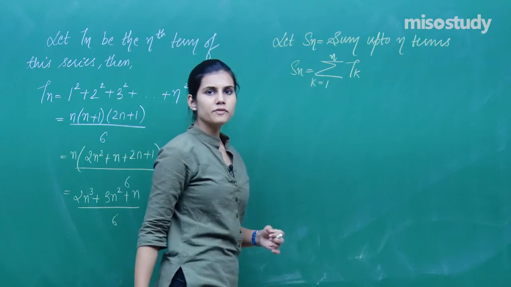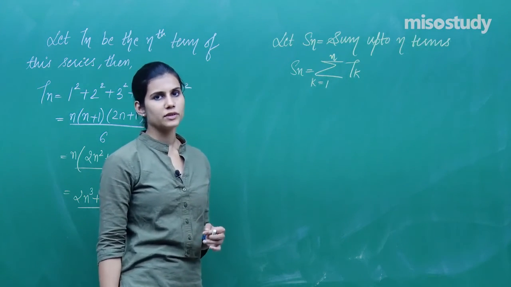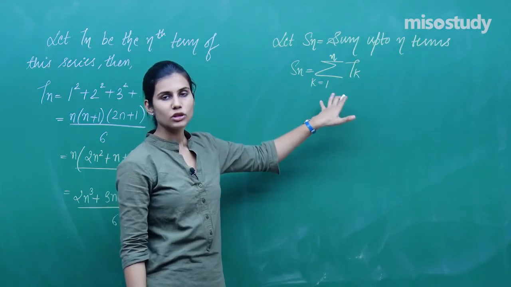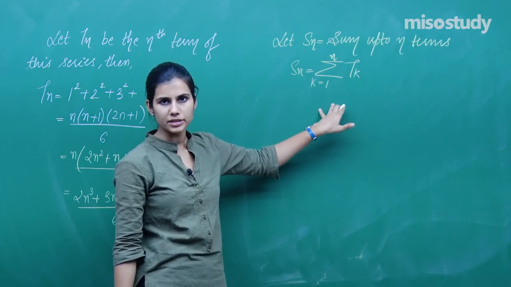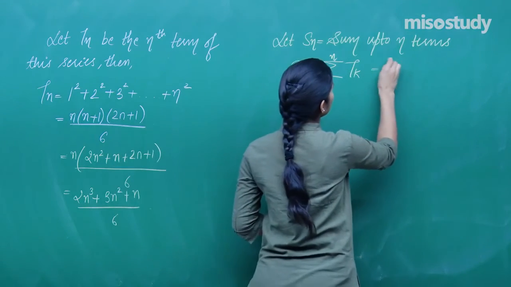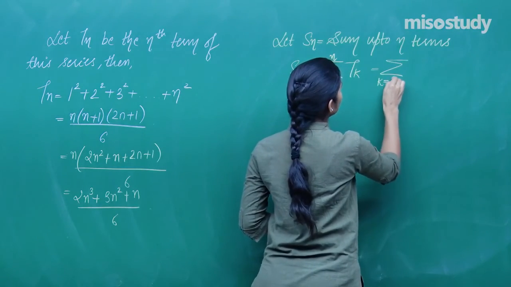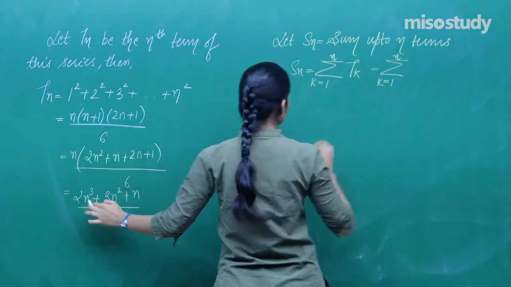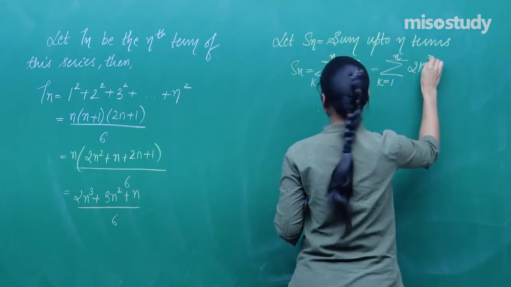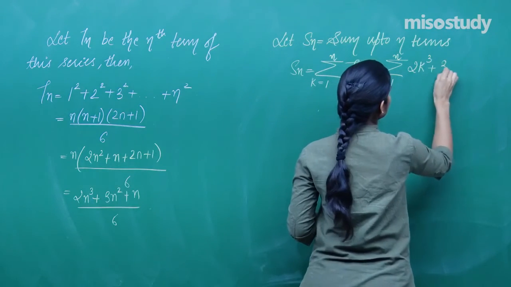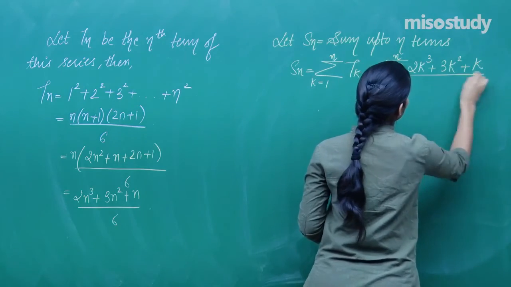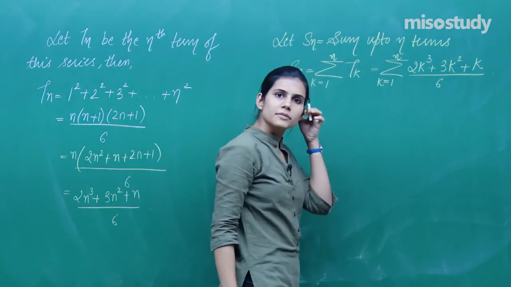That means add the first term with the second, with the third, with the fourth, with the fifth and so on with the nth. You obtain a sum known as Sn, and that is how you represent it in the compact form with the help of summation. What is Tk? Tk will be (2k cube plus 3k square plus k) by 6. Right?